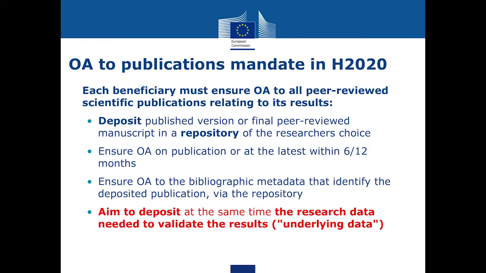They must also ensure, and this is completely new, it doesn't exist in FP7, open access to bibliographic metadata that identify the publication. This is also relevant, I think, because it enables better discovery of these publications. And they must also aim to deposit at the same time the research data needed to validate the results, the so-called underlying data.